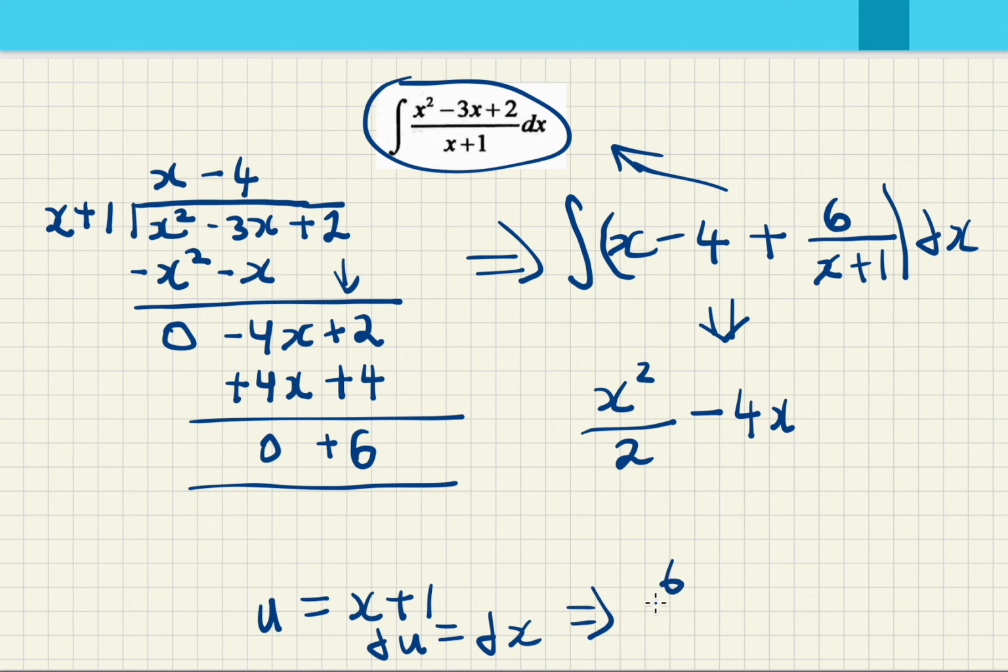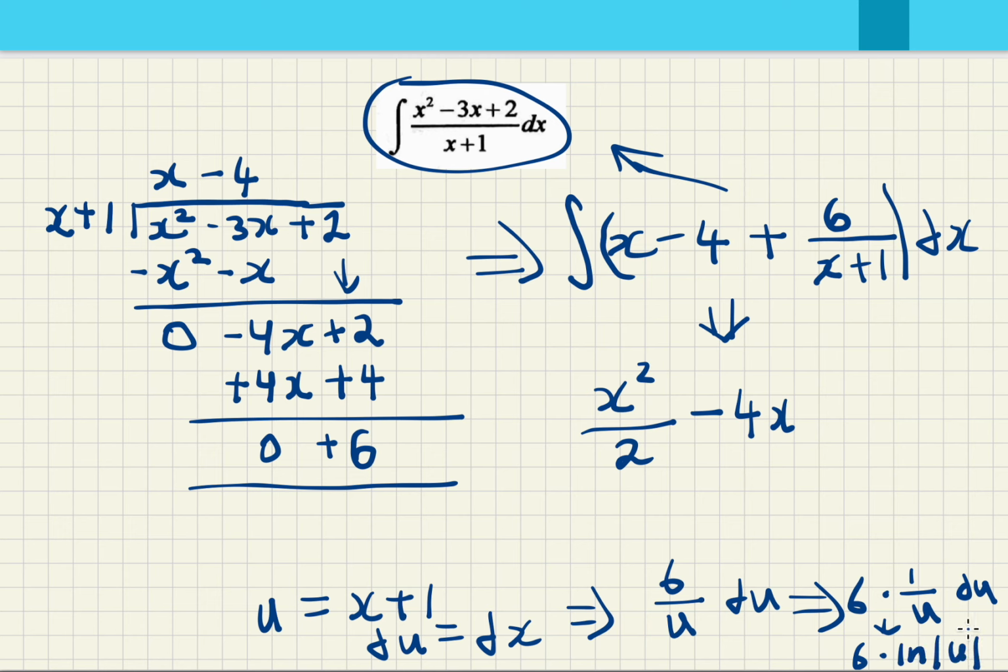So that would be 6 over u, and dx becomes du because dx is equal to du, and that is equal to 6 times 1 over u, and 1 over u is identity. It's equal to the natural log of u.